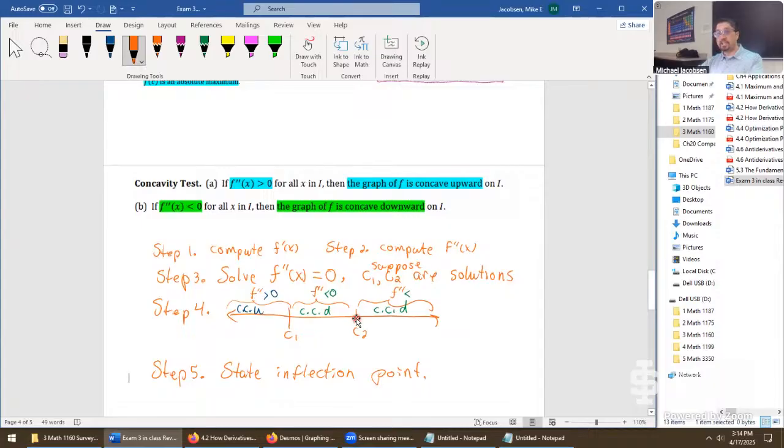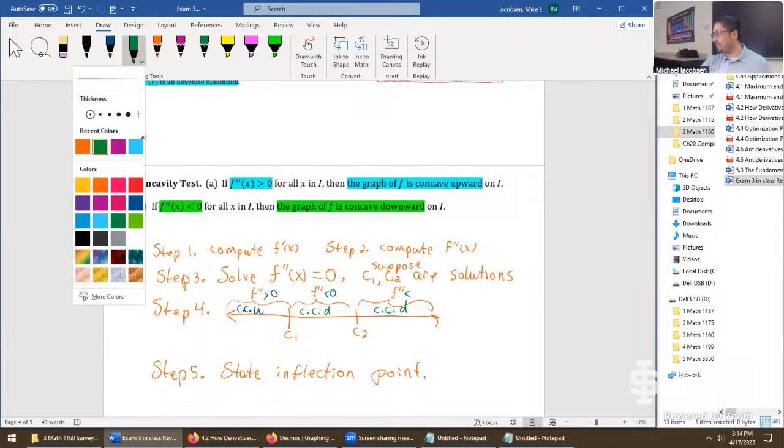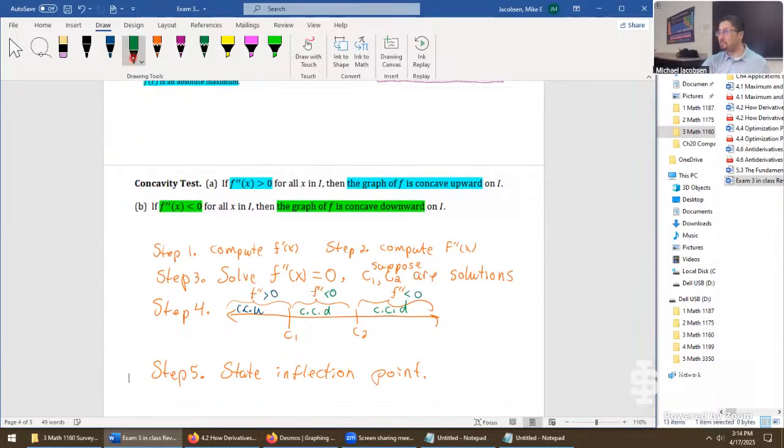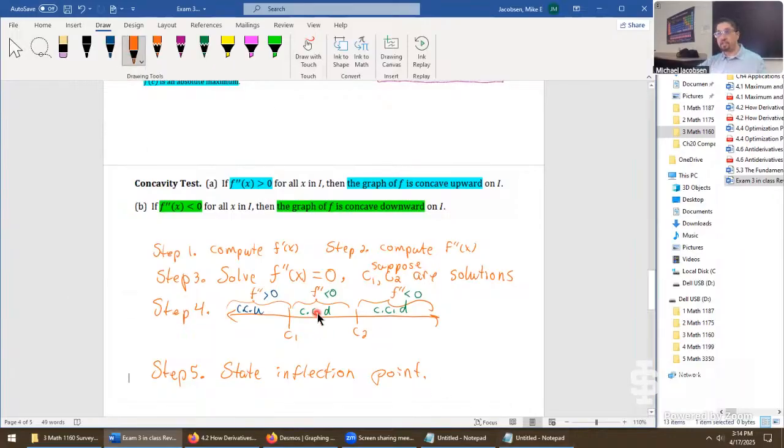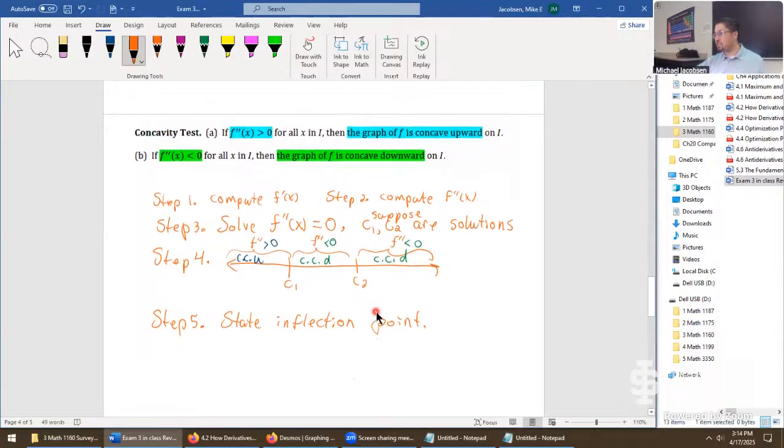There's no inflection point at C2 because with the example we made up, we just assigned the tricky situation, concave down, so we could discuss it. The only inflection point would be at C1, f at C1. F is the original function.